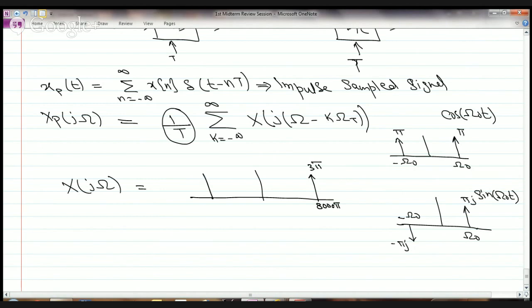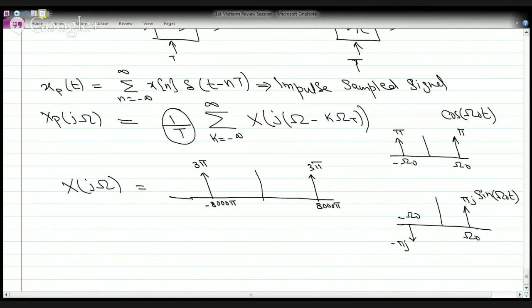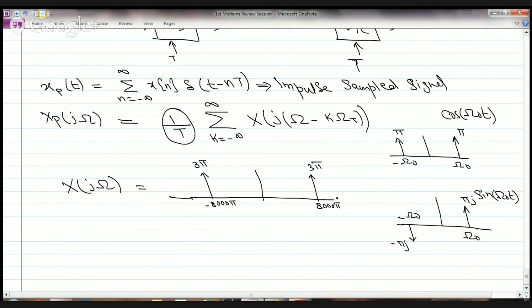At minus 8,000 pi, this is due to the cosine of 4 kilohertz frequency. Then you have another cosine at 16,000 pi, and its magnitude is 1. So I have another cosine at 16,000 pi and minus 16,000 pi. The area of that is pi.